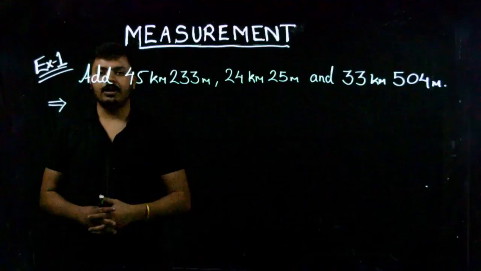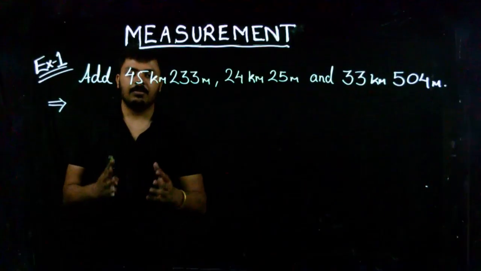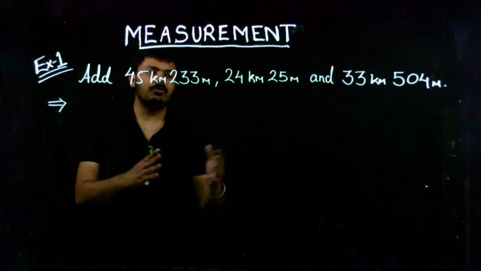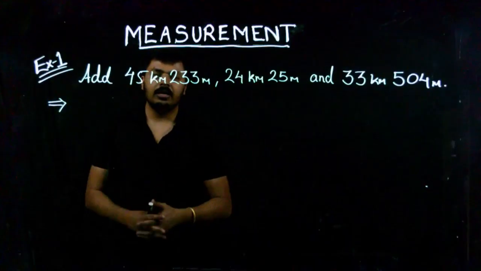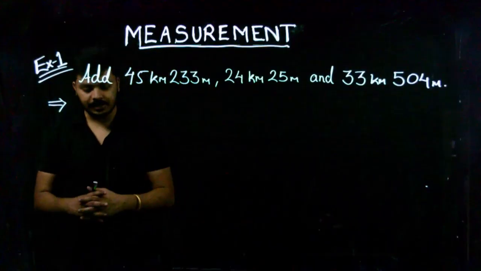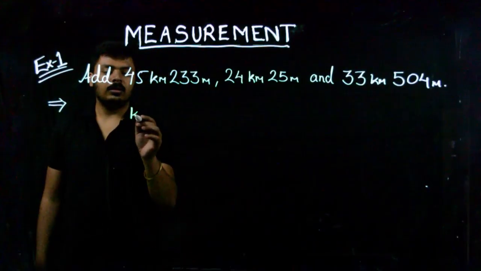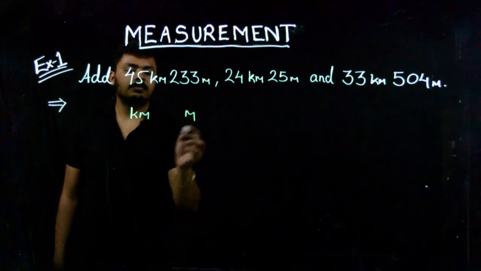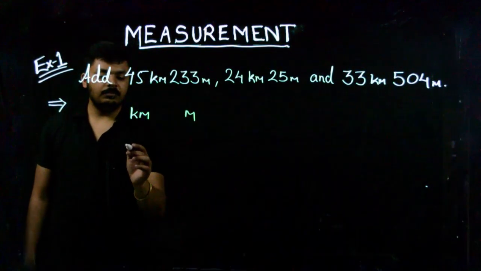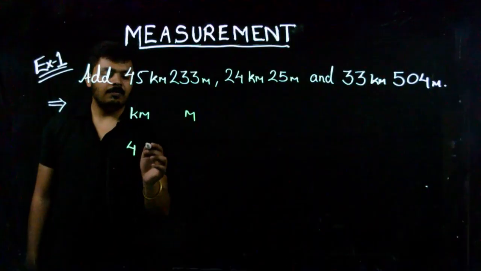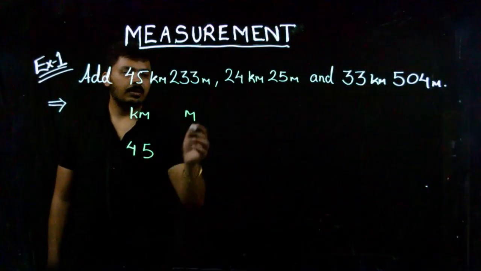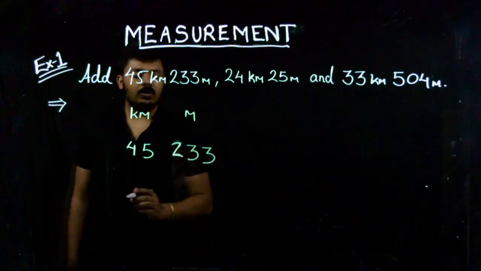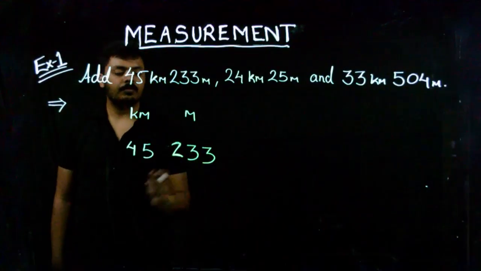So here we are given three distances in kilometer and meter form, and we have to find the sum of all the three. That is, we have to add all the three distances. Let's make a kilometer column and a meter column. So in kilometer column we write 45, and in meter column it is 233 meter.